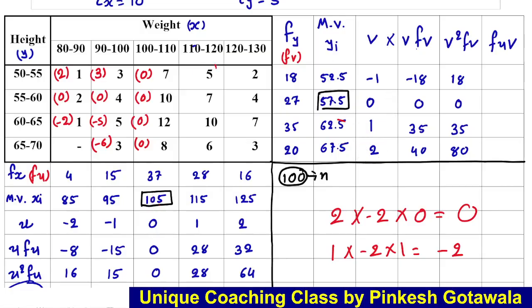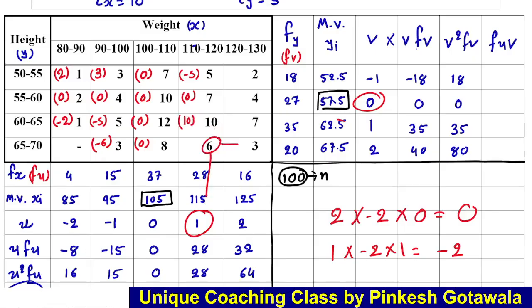Clear? Now here 5. This side -1, this side 1. So 5 into -1 into 1, you will get -5. Then 7. This side 1, this side 0. Multiplied with 0, it becomes 0. Here 10. 10 into 1 into 1, so 10.